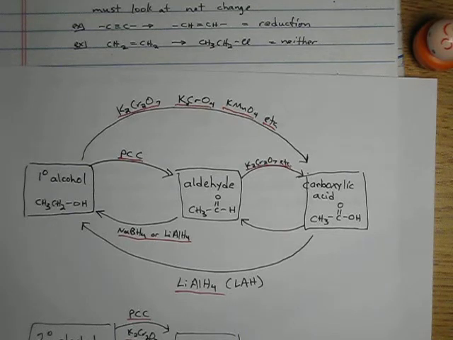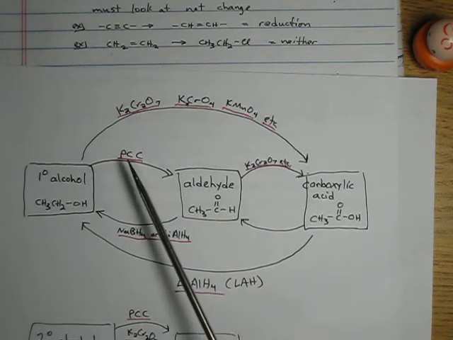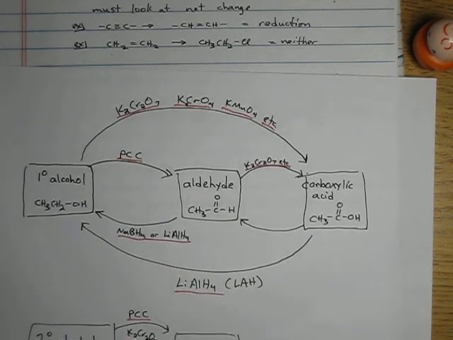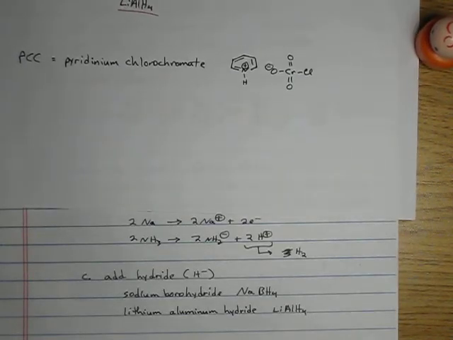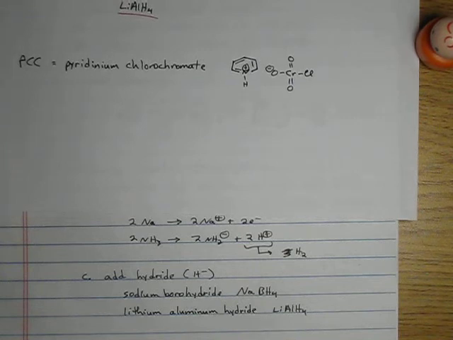But say you don't want the carboxylic acid, say you've got your primary alcohol and you just want the aldehyde. Well, that can be done, but you need a milder oxidizing agent. And our mild oxidizing agent is PCC. And PCC, I'll show you the structure down here, stands for pyridinium chlorochromate.